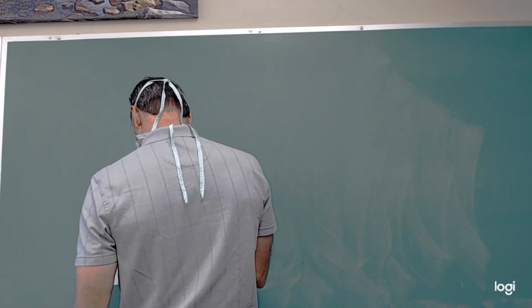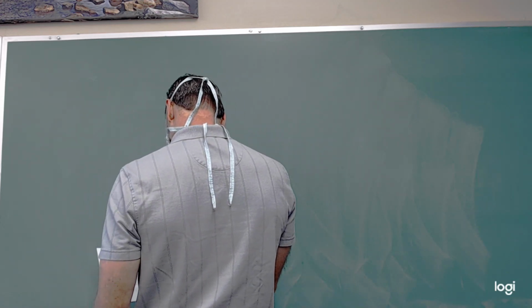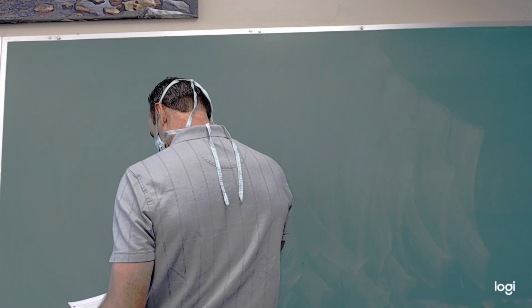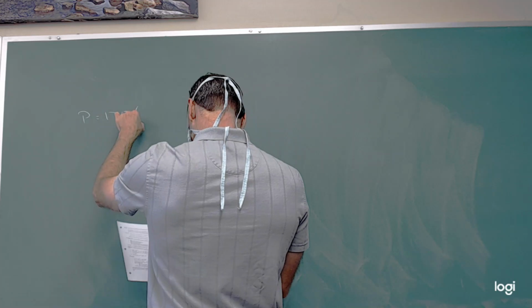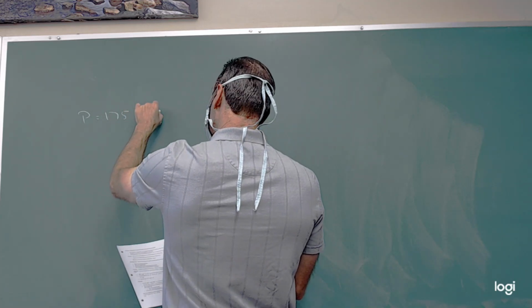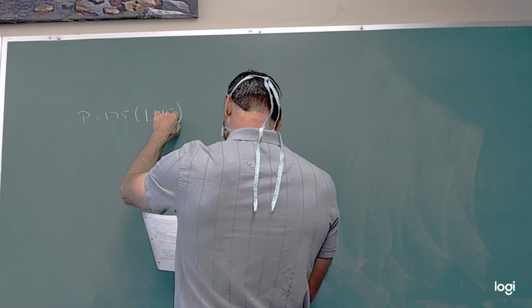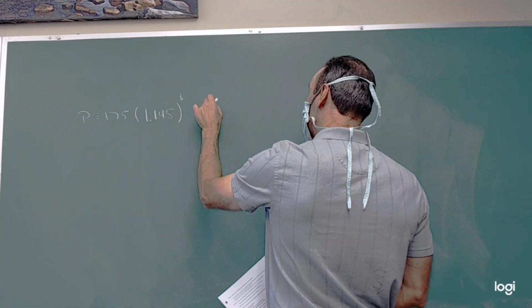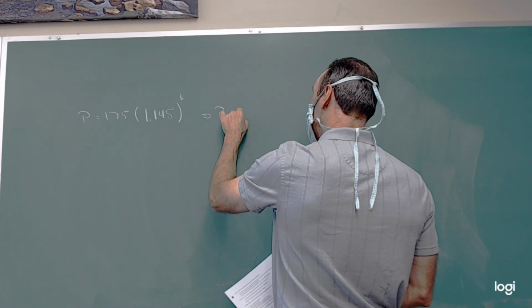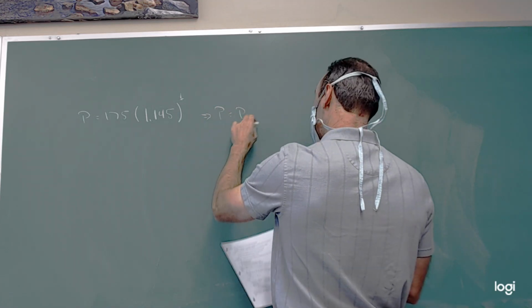So we are saying that B is, okay, we know that. So P is 175 times 1.145 to the T power. And we want to convert that to something that's based Euler's number.